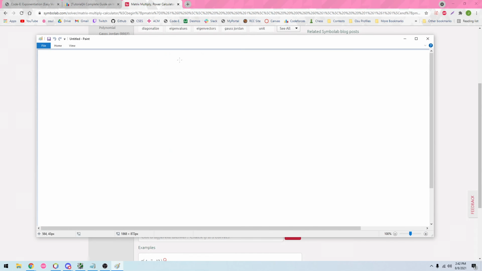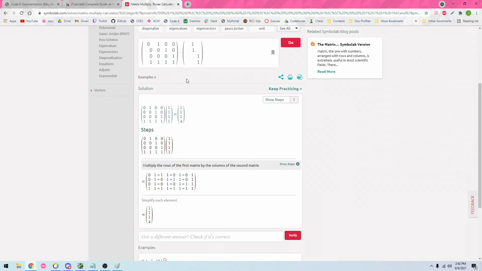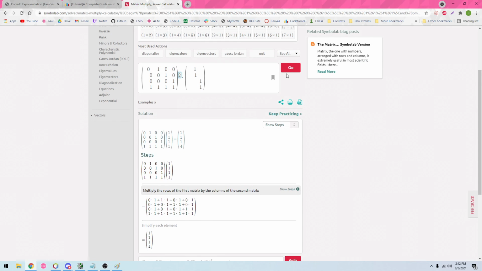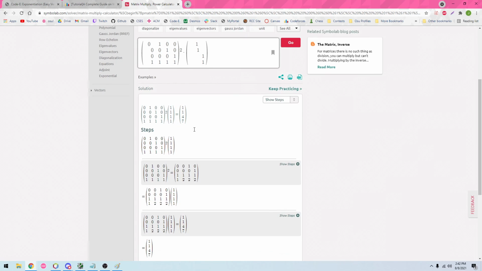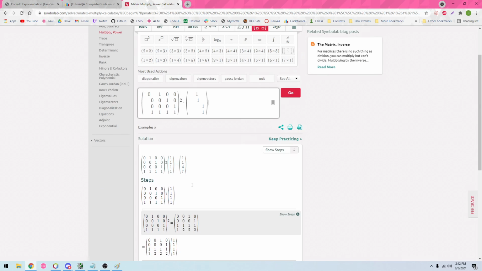Because if we have 1 1 1 1 as the first four terms and each term is the sum of the previous four, we get 4 by adding these. And if we add these, we get 7. If you want to verify that it works, you can square this matrix, and you'll see we get 1 1 4 7.